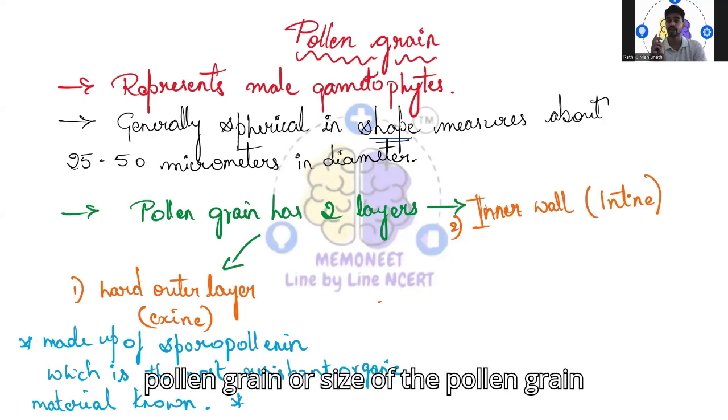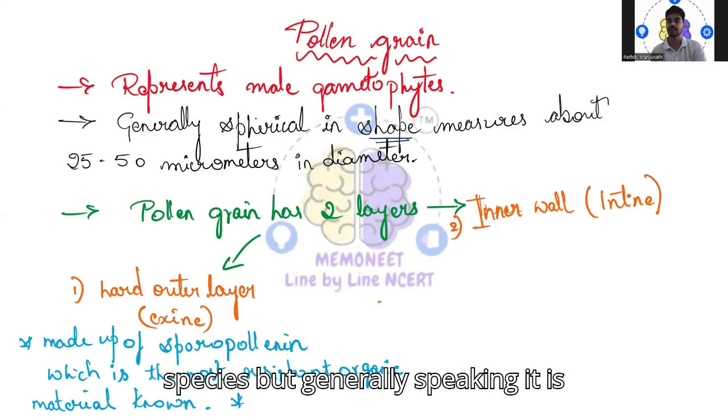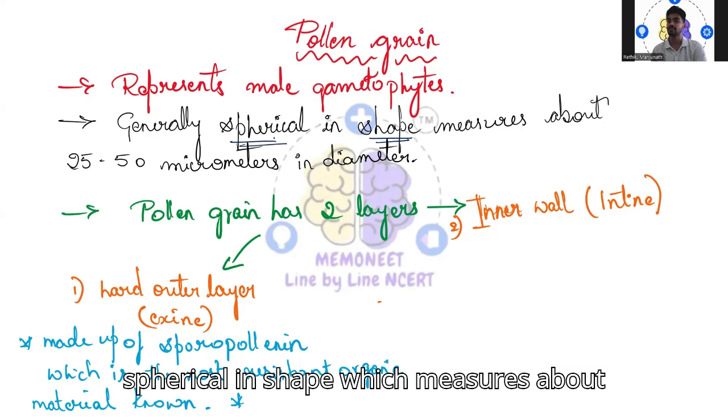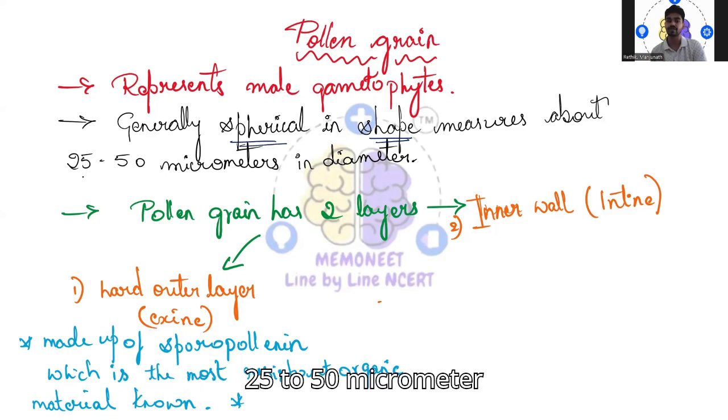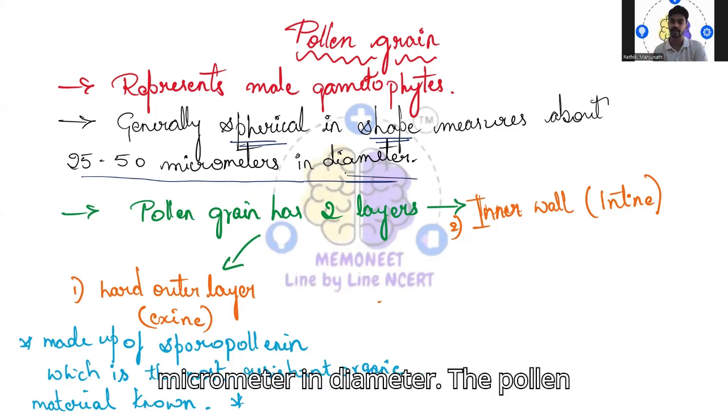The size of the pollen grain normally varies from species to species, but generally it is spherical, measuring about 25 to 50 micrometer in diameter.